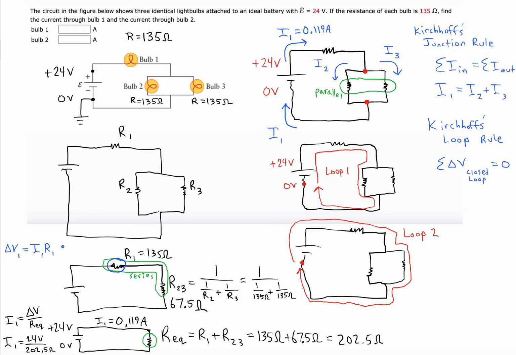That's just applying it to bulb 1 alone. And we don't know the voltage drop of that bulb yet. But now we can find it, because we have the current and the resistance. It's 16 volts.